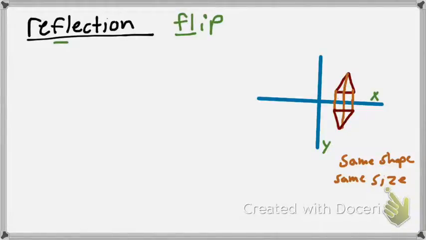That means it's congruent. Has the orientation changed? Yes. If you've forgotten that word, the orientation is how it stands. We can see that it became upside down. And then obviously, yes, the location did change as well. I'm not going to write that down. The only reason I wrote it down on translation is because that's the only thing that changed.